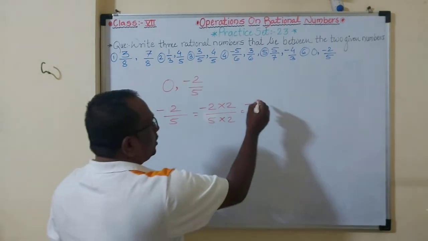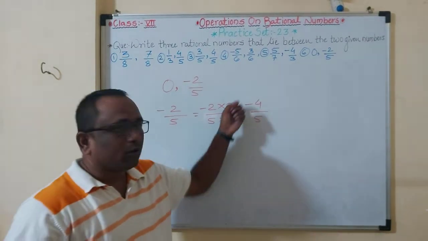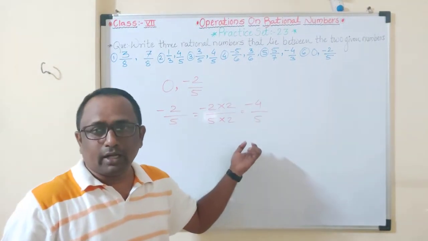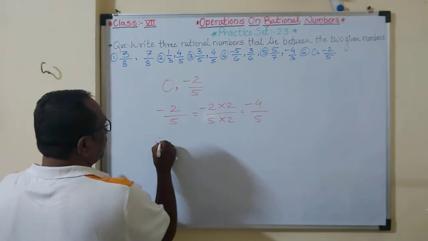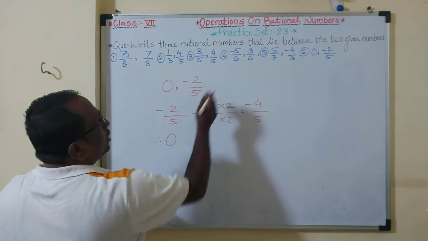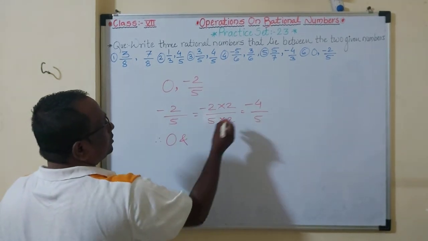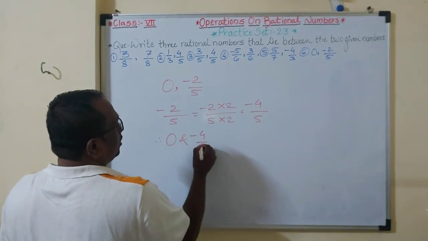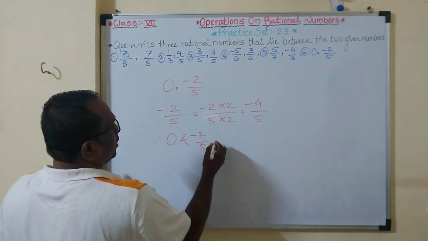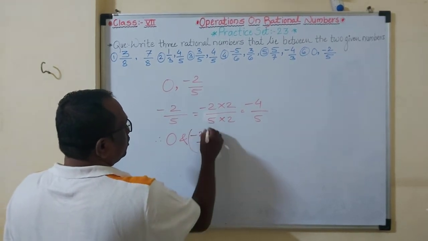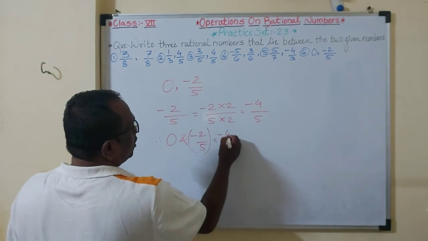You can multiply by 3 3 also, 4 4 also, 5 5 also, that depends on you. But see here, now you have to write 0 and minus 2 upon 5, which we already converted, that is minus 4 upon 5.